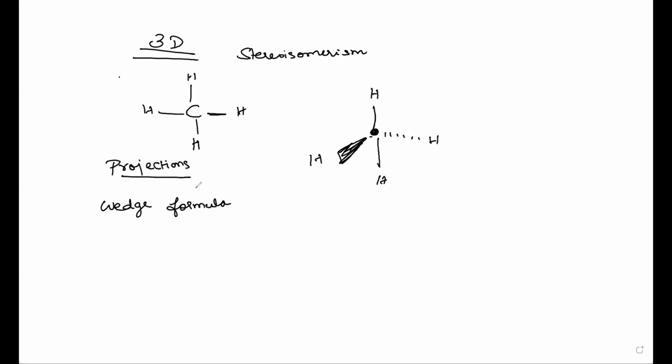In case of projections, we have the wedge formula, the sawhorse formula, the Newman projection, and the Fischer projection. By these ways, we will be able to show the same molecule in different ways, from different perspectives. Okay, so we will see one of them now.